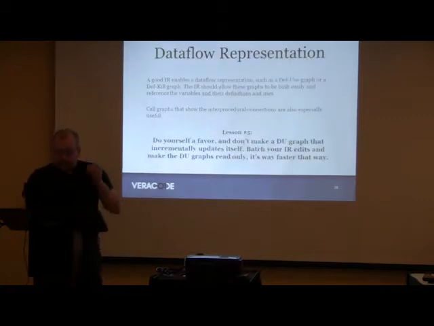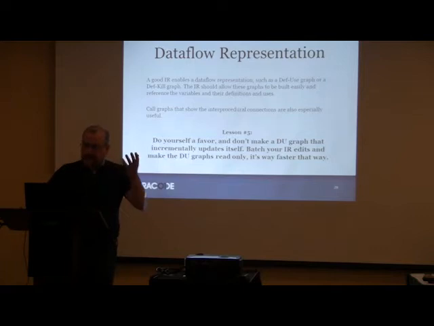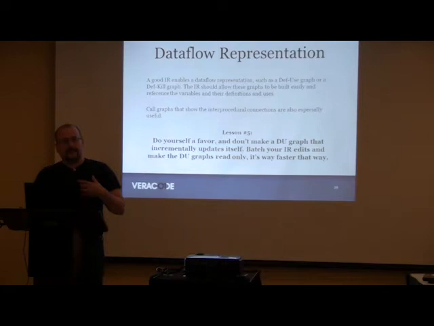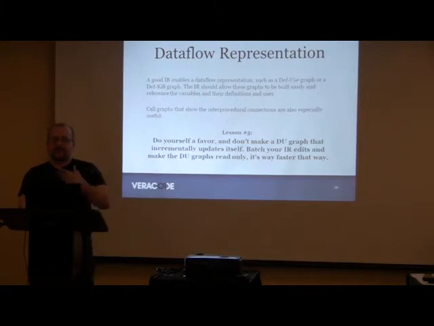So just as a hint, DU graphs are kind of slow to create. They could be fast in some scenarios, but if you do a lot of creation of data flow graphs, you're going to find that that's suddenly the slowest part of your decompiler.